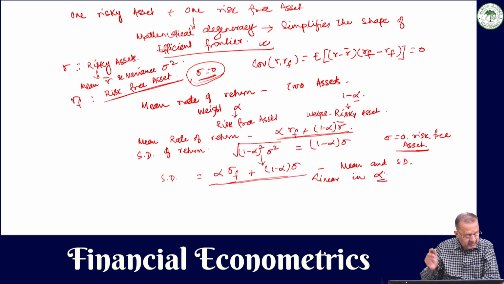They both are linear in alpha. Clear? So, as alpha varies, and what about the value of alpha? The value of alpha will be in between 0 and 1.